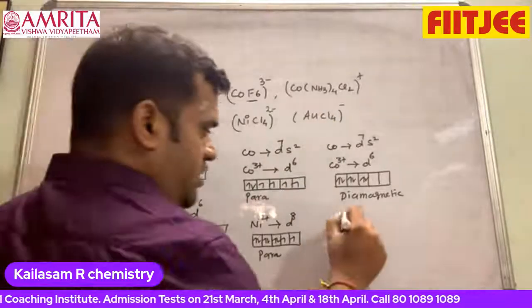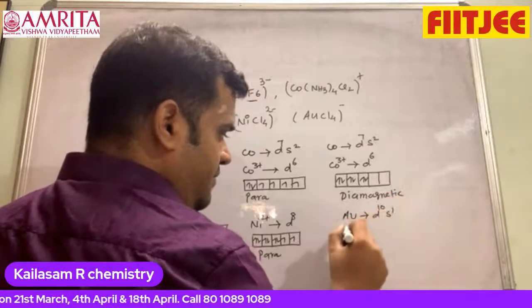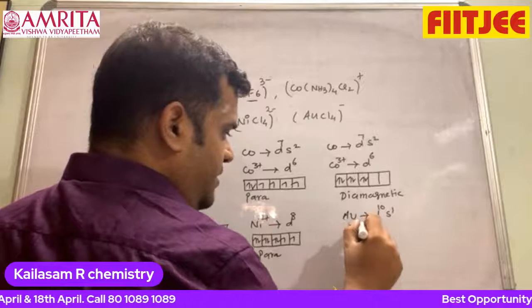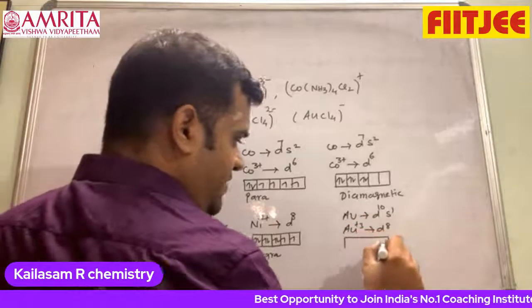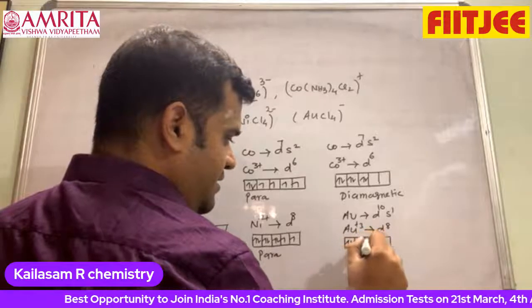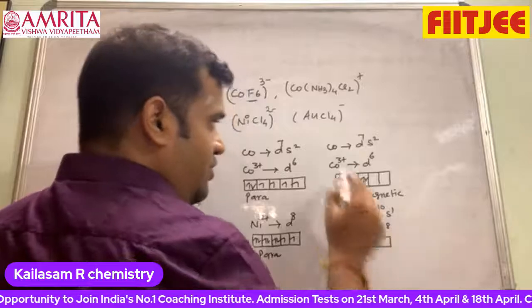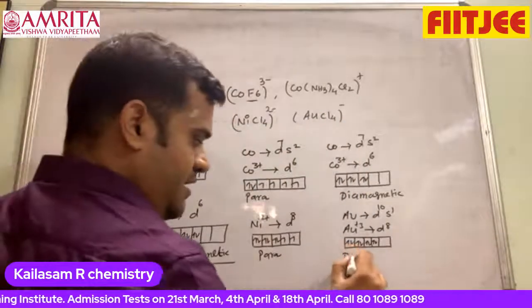What is the gold electronic configuration? Au means 5d10 6s1, Au3+ means d8. So now d8, please understand, very interesting here. That's all. So AuCl4- is a square planar, diamagnetic complex.